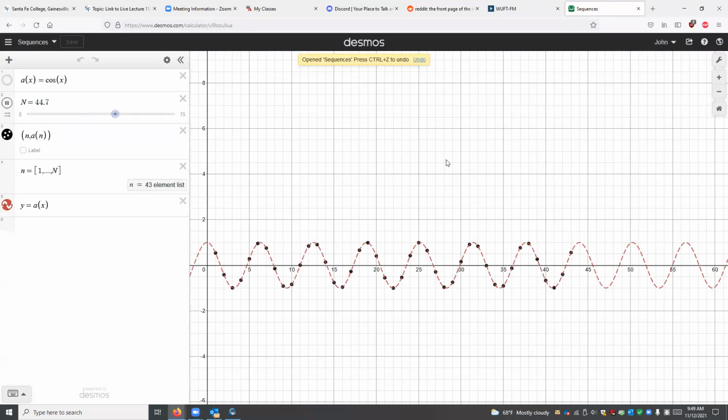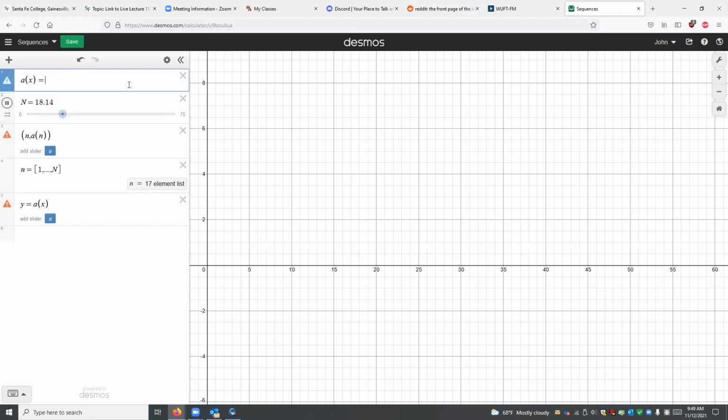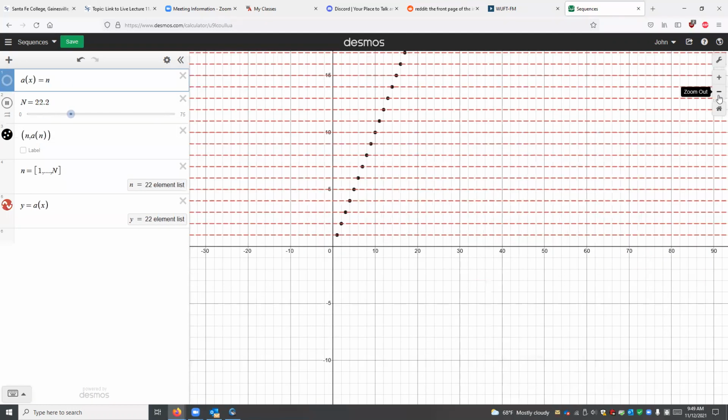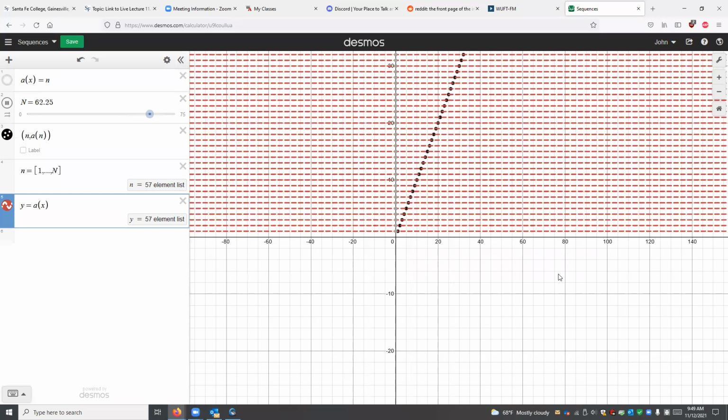So if you're having trouble visualizing or conceptualizing sequences, this is a neat tool for you. The idea is just that you can type in any function and it will give you the sequence that you get from that function. So here, if we wanted just the sequence n, the black dots are the terms of the sequence.